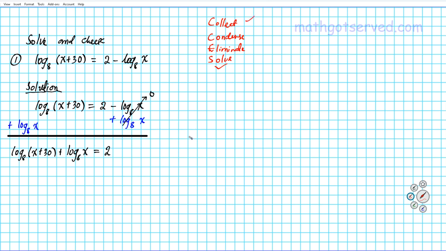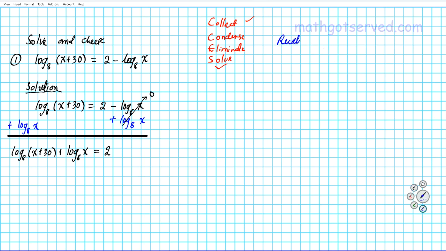Now to condense, we're going to use the quotient and product properties of logarithms. All right, it's related to that of exponents too. So here we have the sum of logs. So remember that if you have the sum of logs, it is equivalent to the product of the logarithmic arguments. So remember the formula.